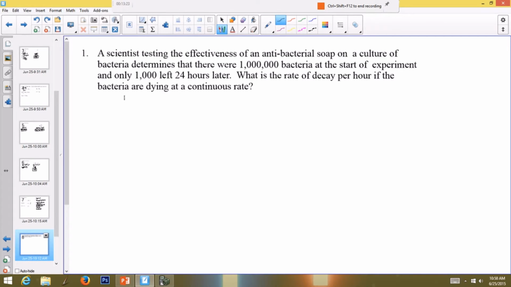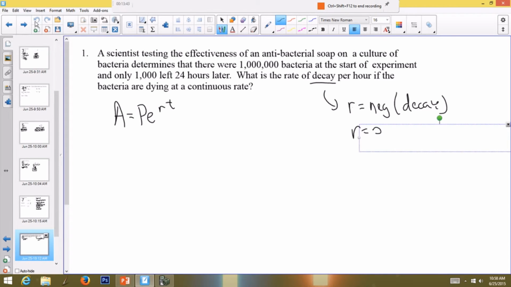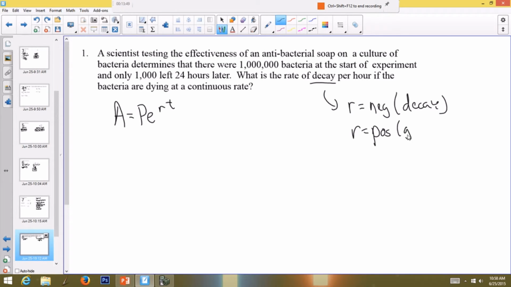As soon as we say it's continuous, we know that we're talking A equals P e to the rt. And since we're talking about decay, r is going to be negative for decay, and r will be positive for growth.